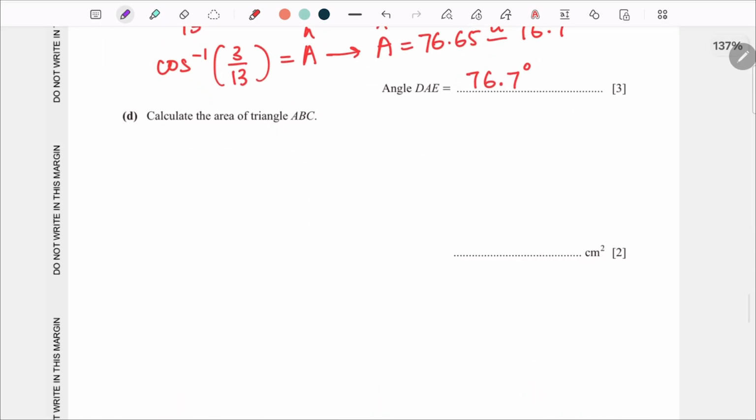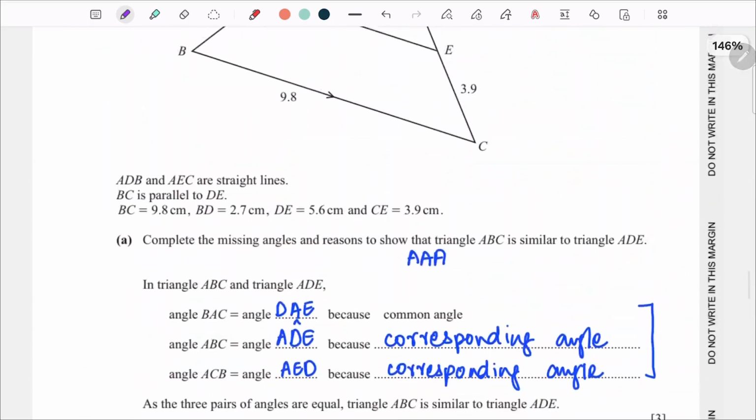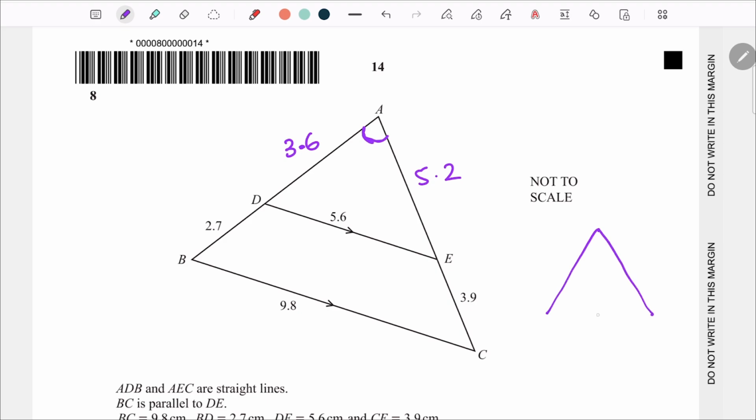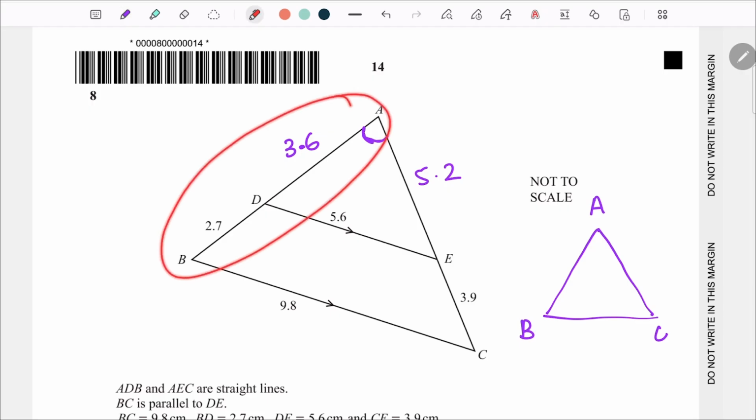In part D, calculate the area of triangle ABC. So basically I have to calculate the area of this entire triangle. If I draw it on the other side, if A, B and C, so AB, this entire length AB is basically 3.6 plus 2.7.